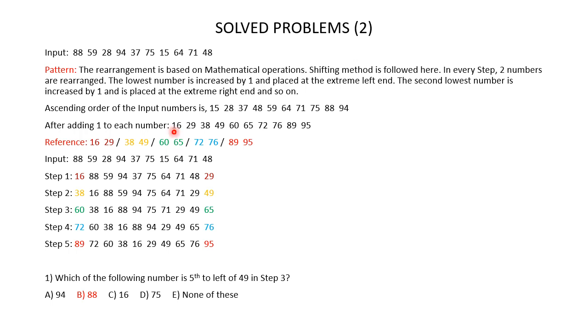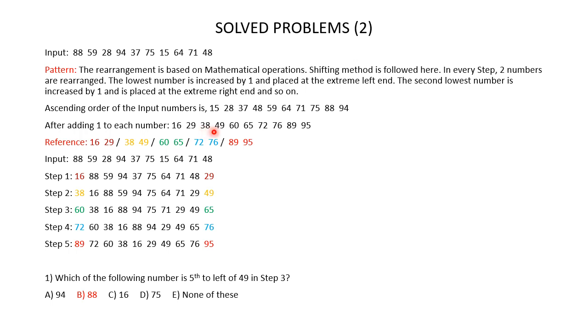Now here you have found out the numbers after one is added to these numbers, you will get these numbers. Now here you will see that 16 and 29 are the lowest numbers, so these will be in the first set in the reference line of numbers.